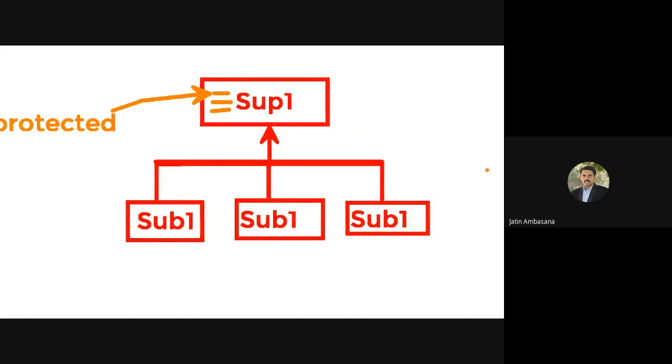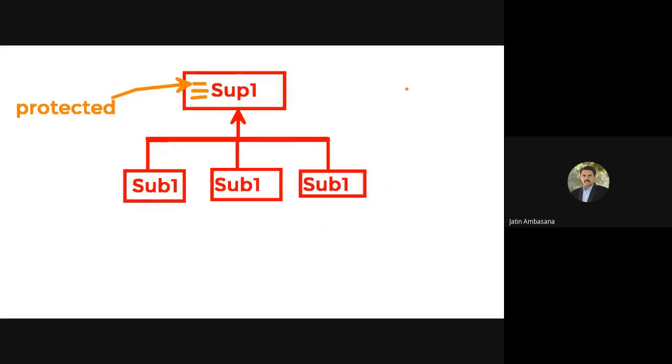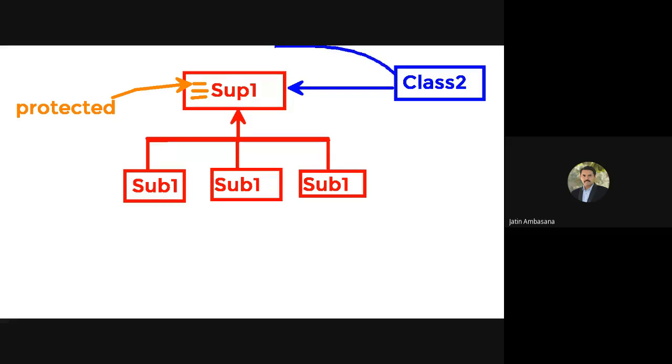So what would happen is, if some other class comes and tries to access this superclass, fine, it will be able to access the class, but it will not be able to access these values. Let's suppose this is an outer class in some other location.